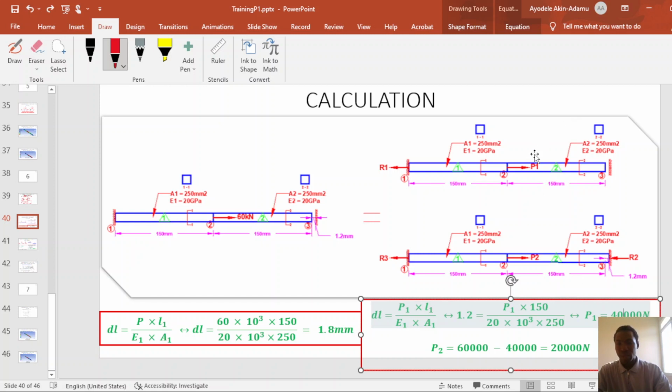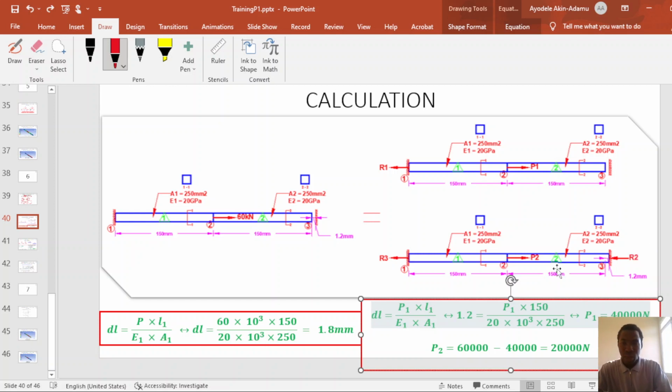P1 is the force that stretches the body just to touch the support at node 3, while P2 is the force that causes reaction at node 3. The reaction at node 3, I term it R2. And a reaction is also created at node 1, I term it R3. So to get the total response of this body, at node 1, the total reaction is R1 plus R3, while at node 3, the total reaction is just R2.